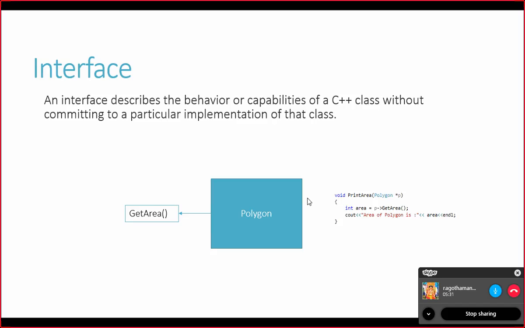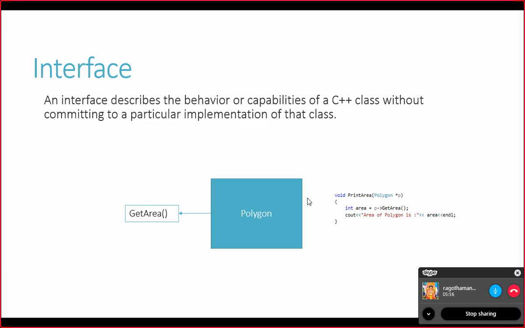What it means is, if I want to create a base class called polygon, like we know there are many polygons: triangle, rectangle, pentagon, hexagon, etc., or circle, whatever. And get area is a common function for any polygon.